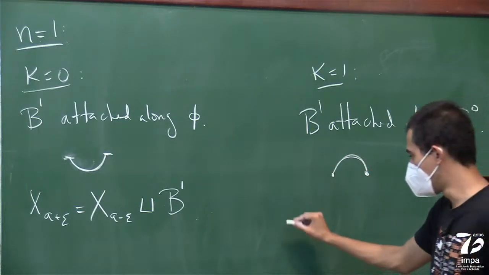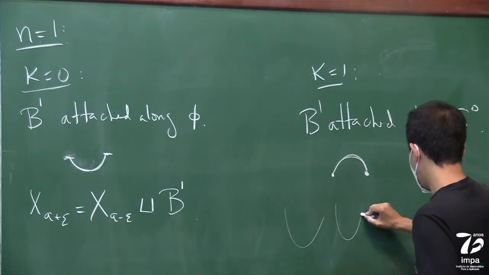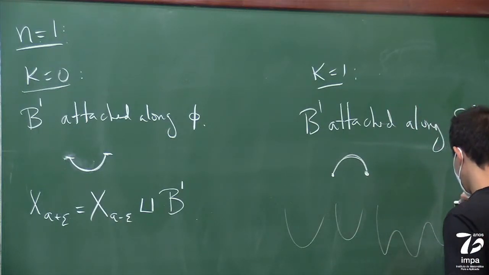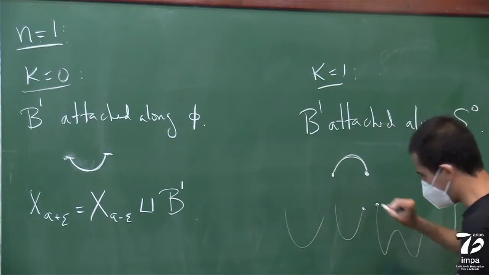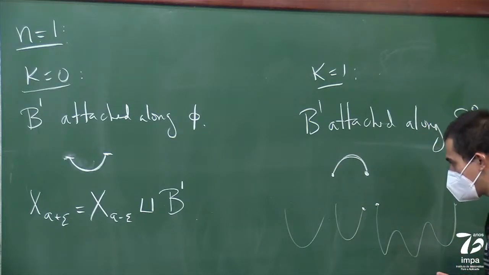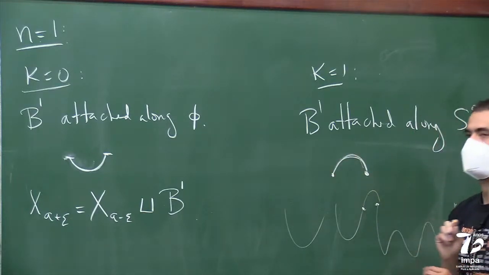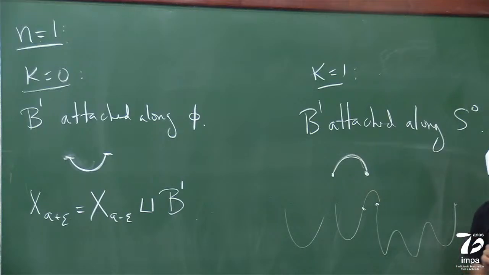I look at whatever one manifold I have, and I have to find 2 points, so an S0, and then I glue this thing like this. This is what happens when I go through an index 1 critical point. Any questions about this?